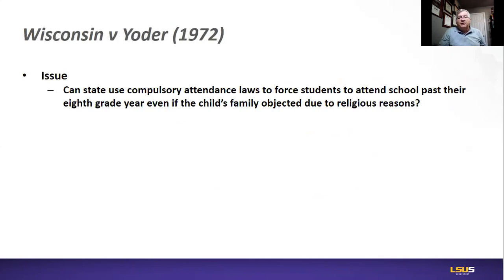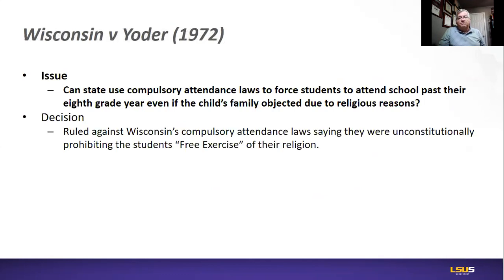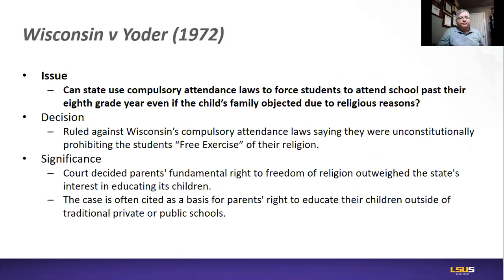The Amish parents felt like they themselves were responsible for their children. So the Supreme Court said that these compulsory attendance laws were in fact unconstitutional because they prohibited the students' free exercise of their religion. Again, this is a balancing act between the Establishment Clause and the Free Exercise Clause.